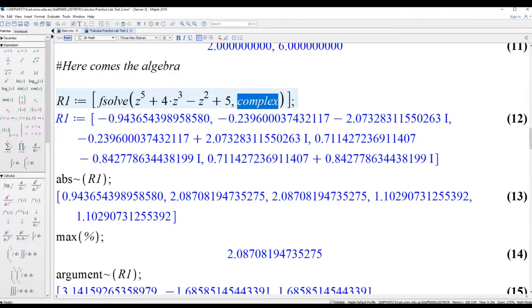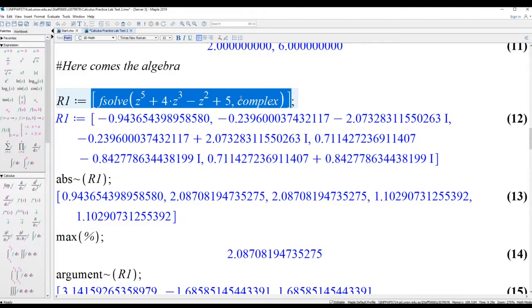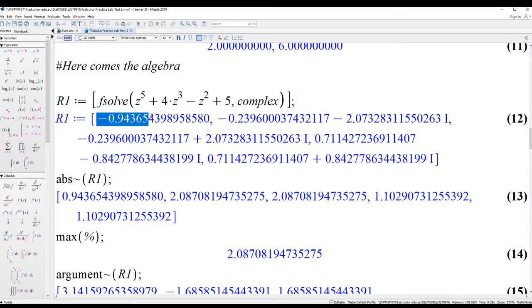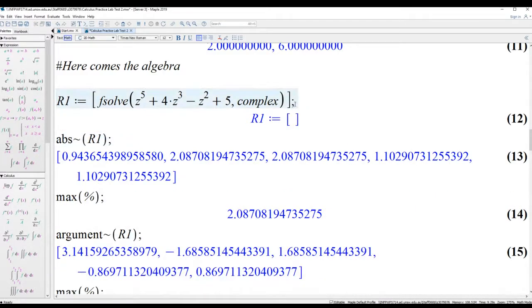And I've indicated that I want complex solutions included. The square brackets mean I'm defining a list, a collection of things, and you can see down here that's one solution. It's real valued. Actually, let me start that again.